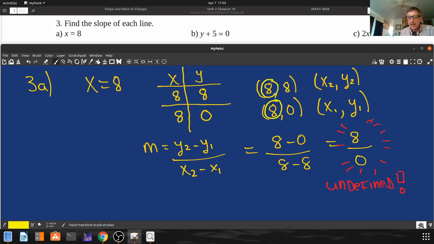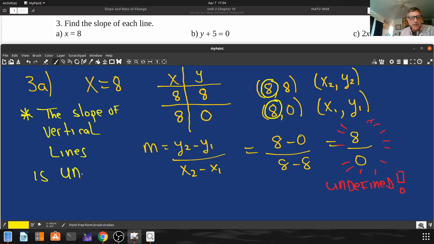They cannot be the same. So here is the takeaway, a really important takeaway. The slope of vertical lines is undefined. Why? Because it leads to division by 0.